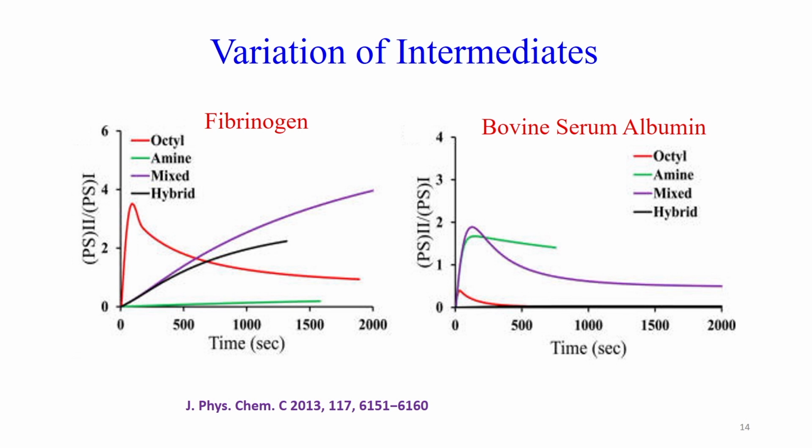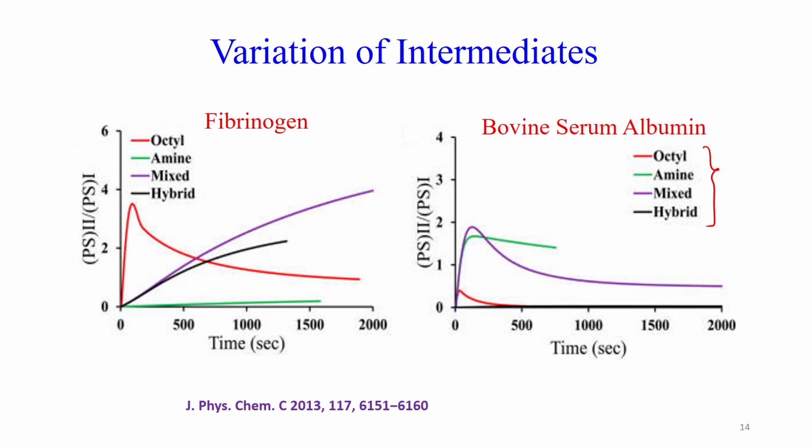So, here is one example where two proteins, one is fibrinogen, other is the bovine serum albumin, their adsorption was studied on surfaces with different functional groups, or you can say different wettability. What you can see over here is plotted as the ratio of PS2 upon PS1.